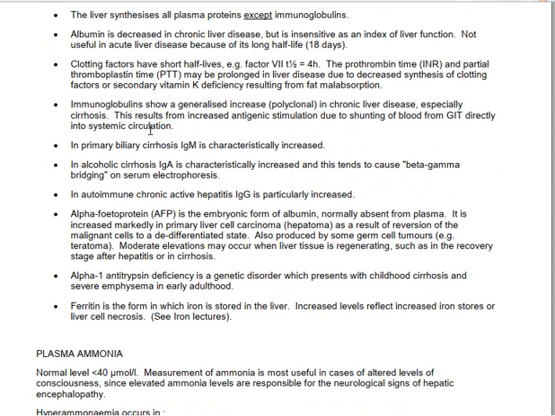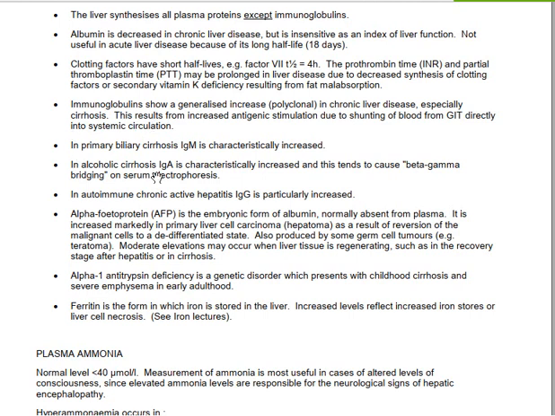Now the immunoglobulins show a generalized increase in chronic liver disease. When you have a chronic liver disease, in order to maintain the plasma proteins at a proportionately normal level, the immunoglobulins increase to compensate for the loss of the other plasma proteins produced by the liver.